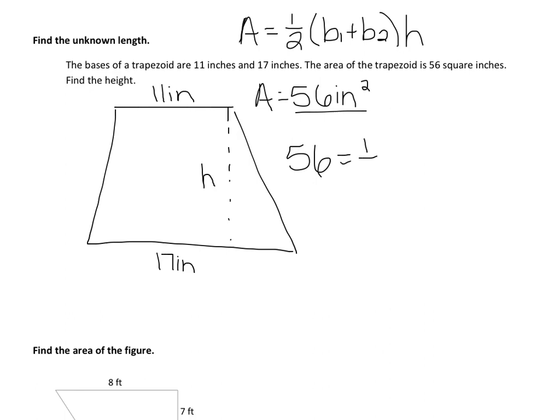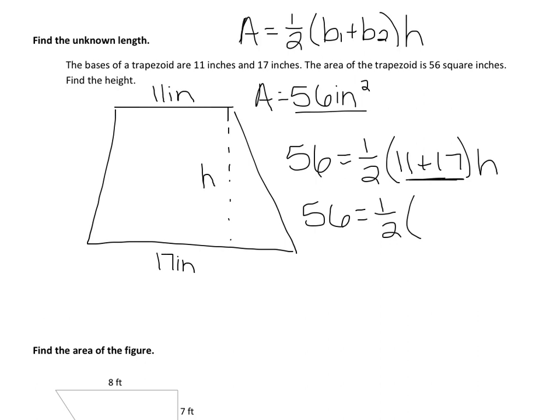Equals 1/2. We're going to open a set of parentheses. Base 1, base 2, I know what those are also. I know that one base is 11 inches, and one base is 17 inches. Now, the one thing that I don't know is a height. If you're looking for an unknown length, most of the time you're going to have to set up an equation. Whenever you're asked to solve a problem like this, if you can simplify, go ahead and do that.